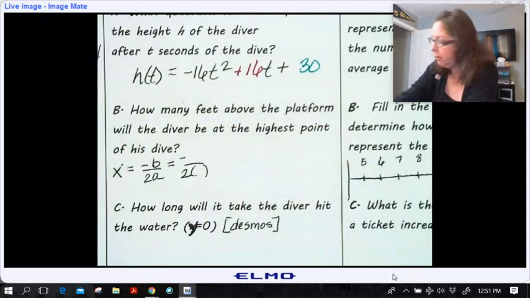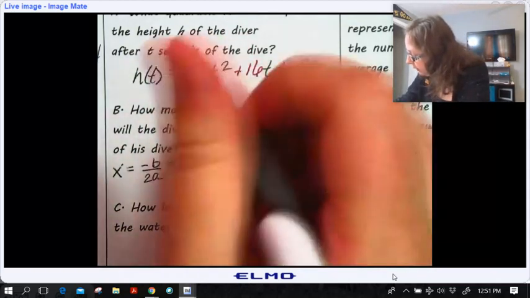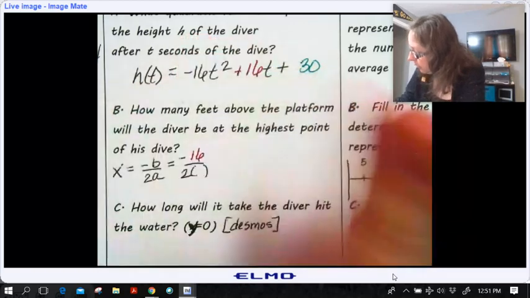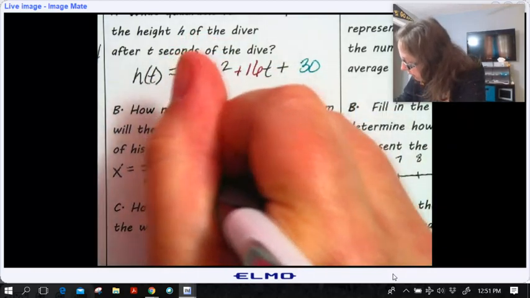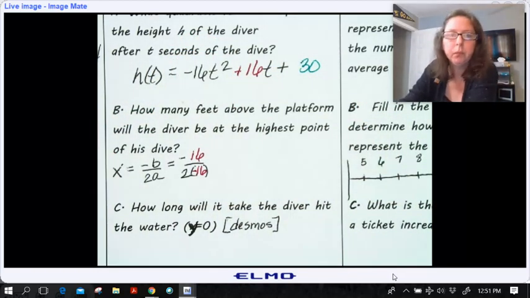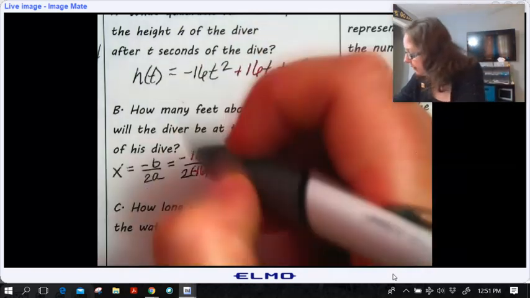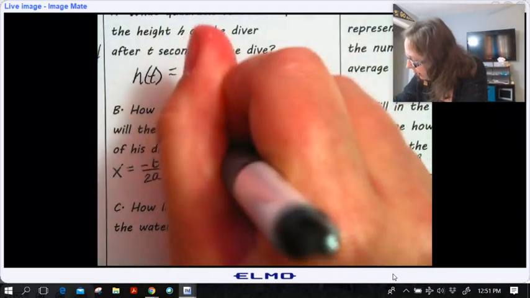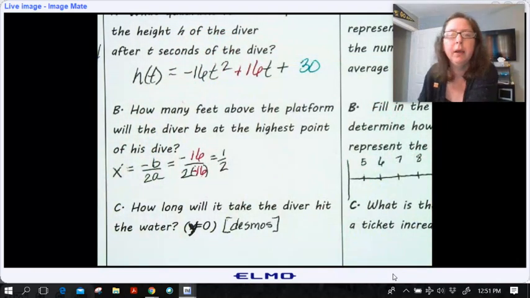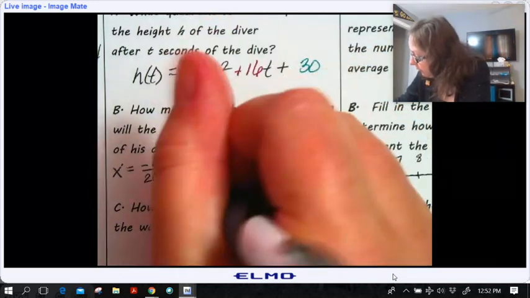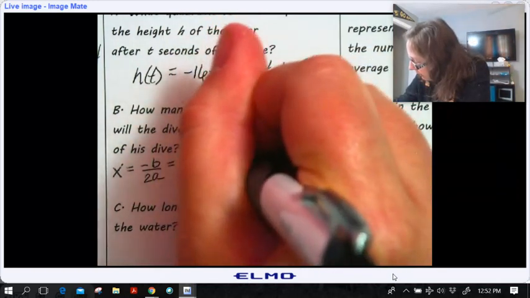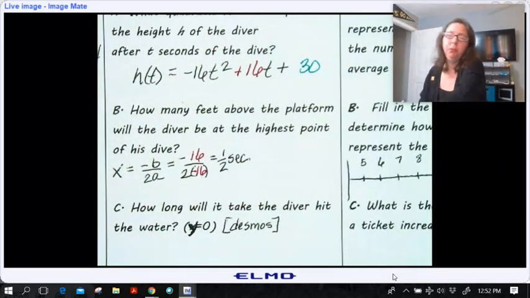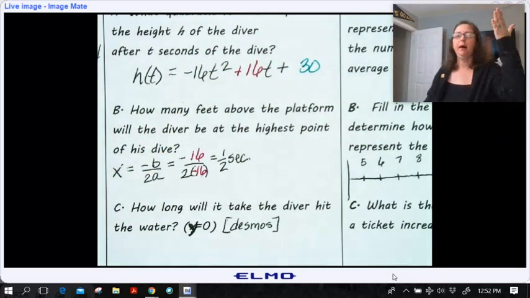So our b value is 16. Our a value is negative 16. And so negative 16 divided by negative 32 is going to give me 1/2. Okay, so it took him a half a second to get that high up.